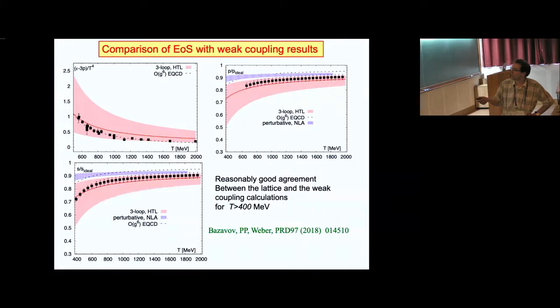In the blue line and blue band it was ignored, and in the red band it was also ignored. So none of these calculations is in some sense complete. You don't think that the g to the sixth term should be very large, but you don't know till you calculate it.